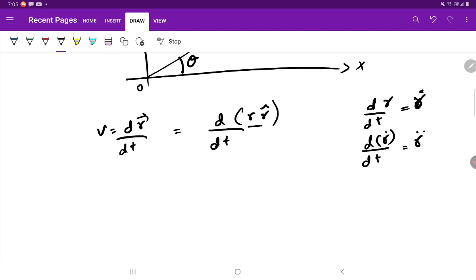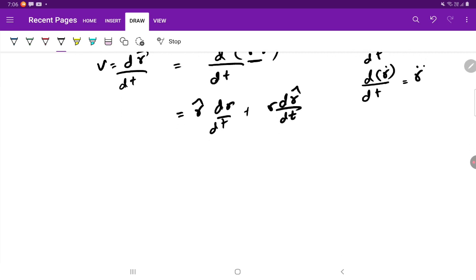Observe that it is written as a product of two components: first is r and second is r cap. So using the product rule, we can say r cap dr by dt plus r d r cap by dt. Hence, if we simplify it, we get r cap r dot plus r d r cap by dt.